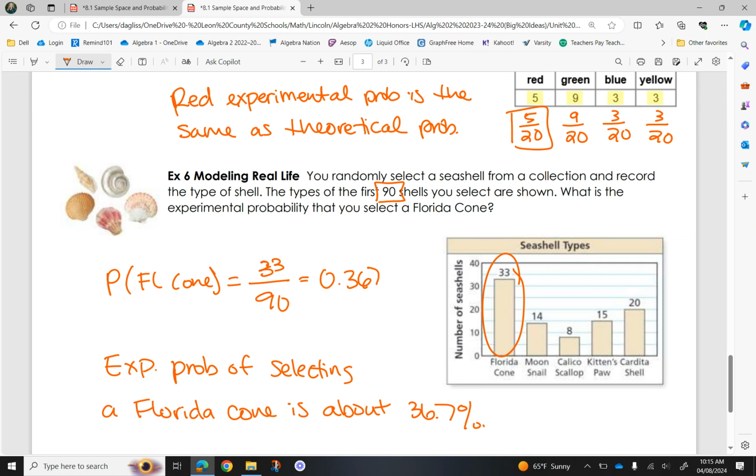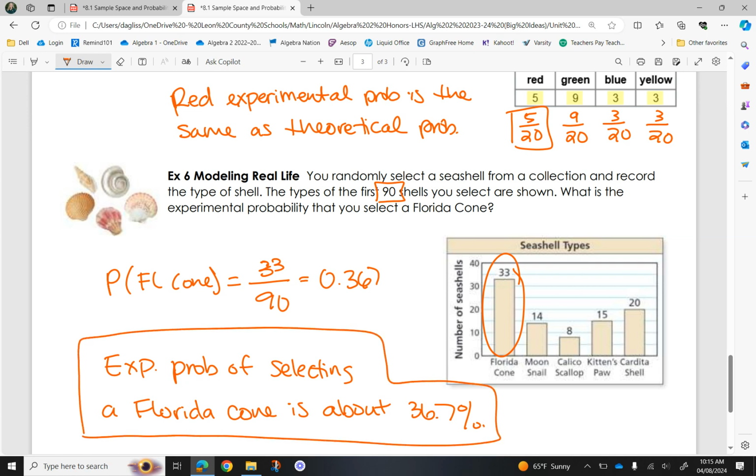Based off of the kinds that were picked, 1/5, right? There were 5 types. So theoretically, 1 out of 5. But what actually happened was out of the 90 actual picks, 33 of them were the Florida cones. Okay? Good.